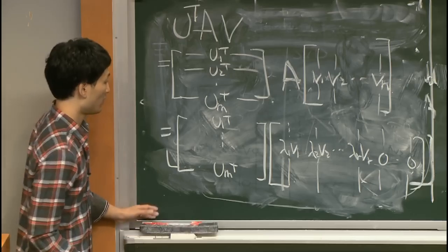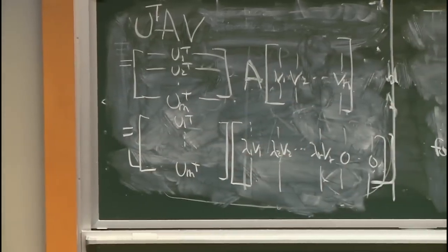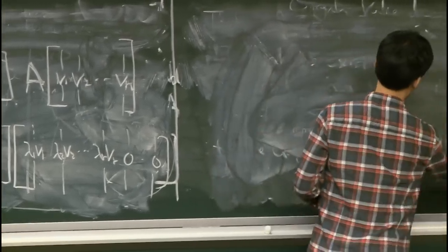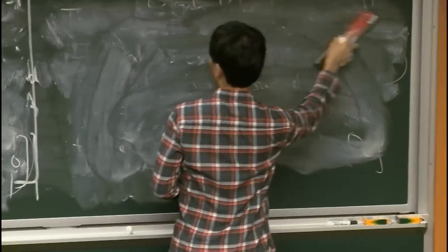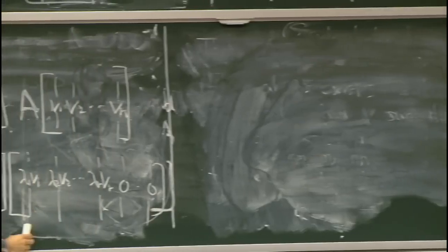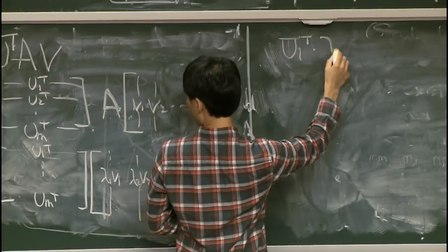Okay. Now let's do a few computations. So U1 transpose times A V1.